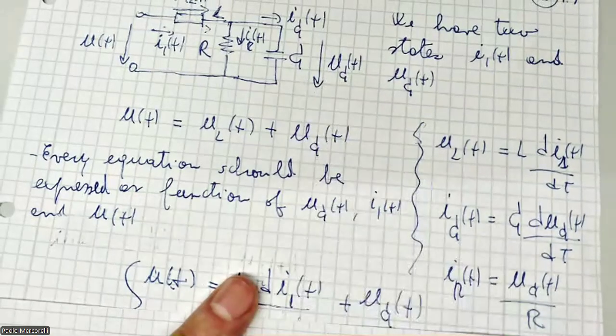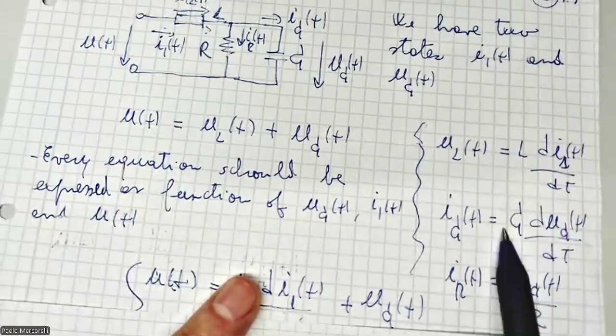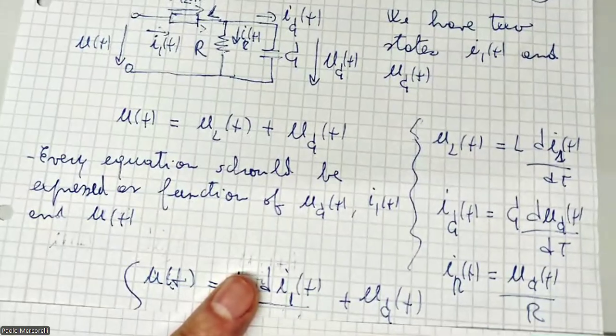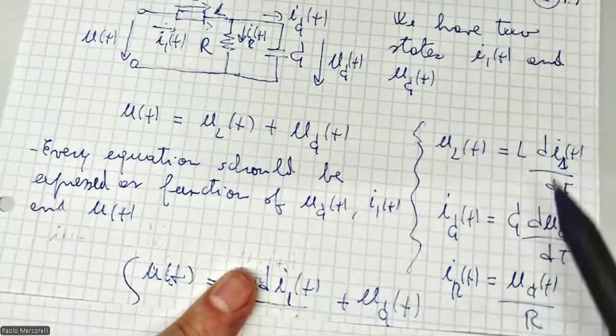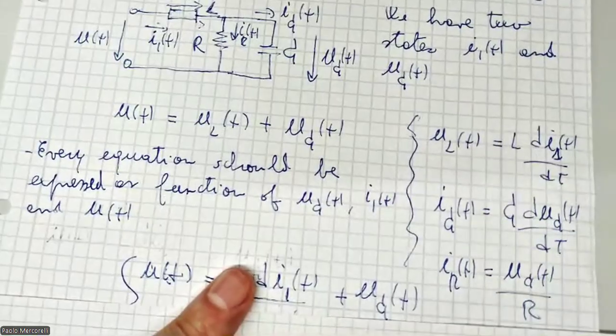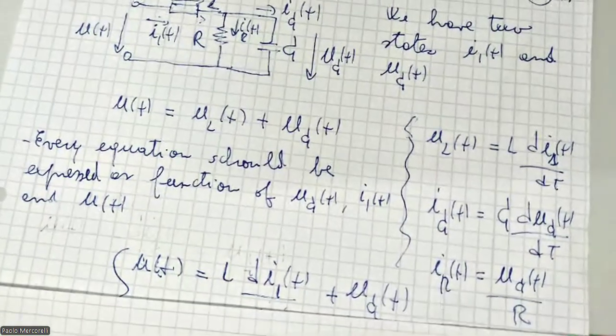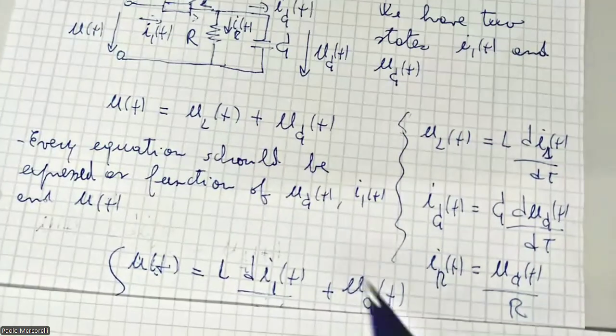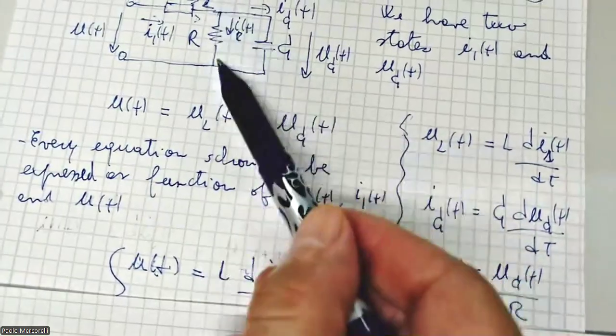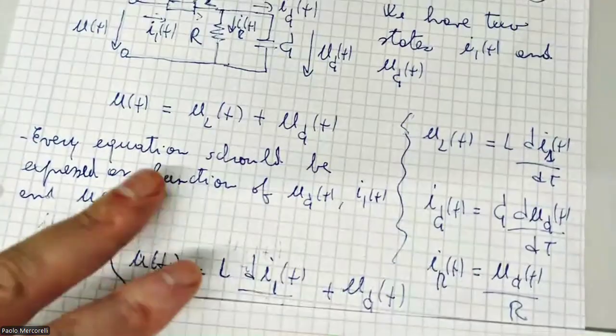The voltage on the capacitor or capacitance is such that I_C equals C multiplied by the derivative of U_C with respect to the time. I don't insist on these two structural characteristics, because you learned them in electrotechnics. I_R, also in electrotechnics, is Ohm's law: the voltage U_C divided by R.